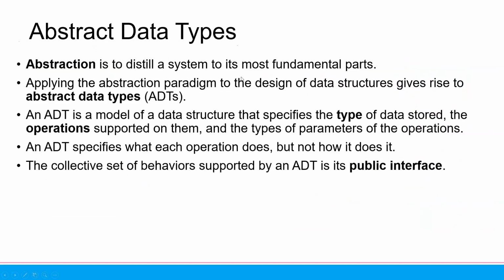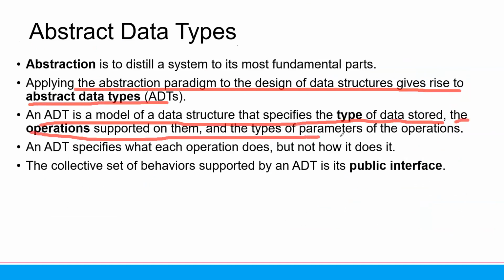Applying the abstraction paradigm to the design of data structures gives rise to the ADT, abstract data types. An ADT is a model of a data structure that specifies the types of data stored, the operations supported on them, and the types of parameters of the operations.